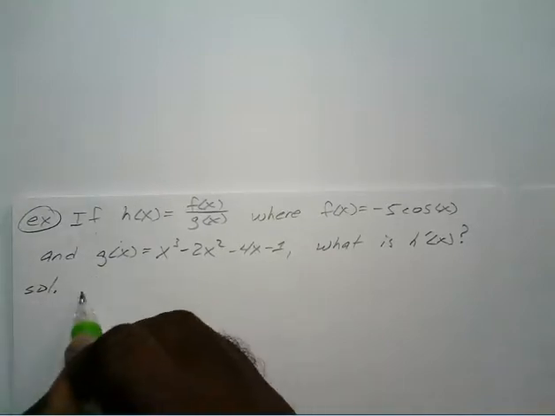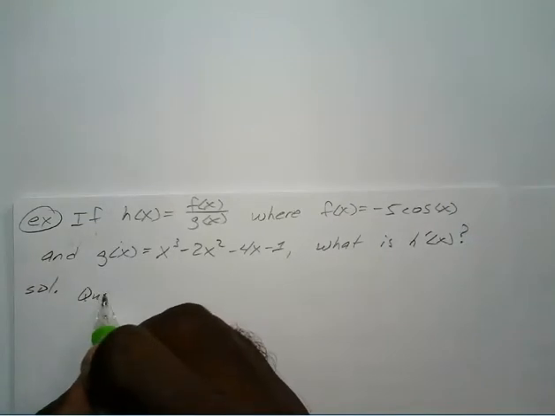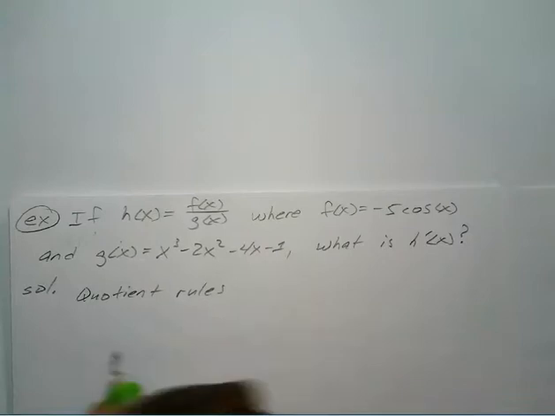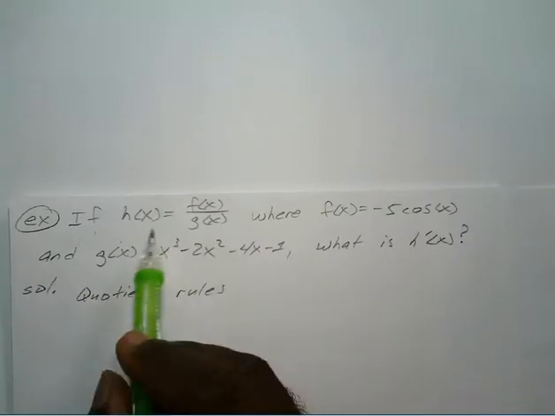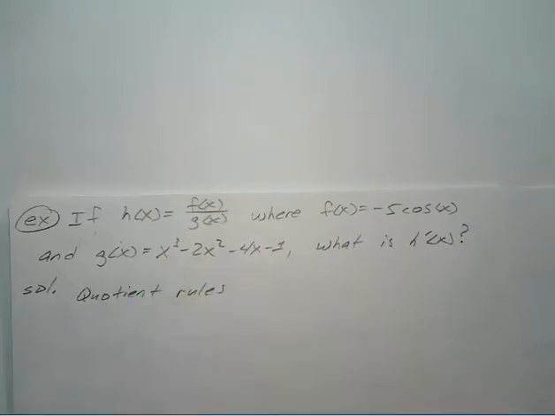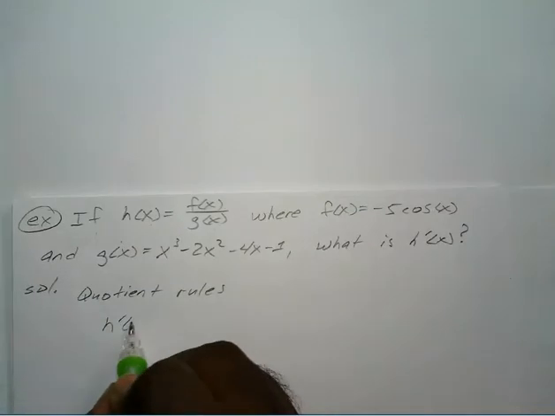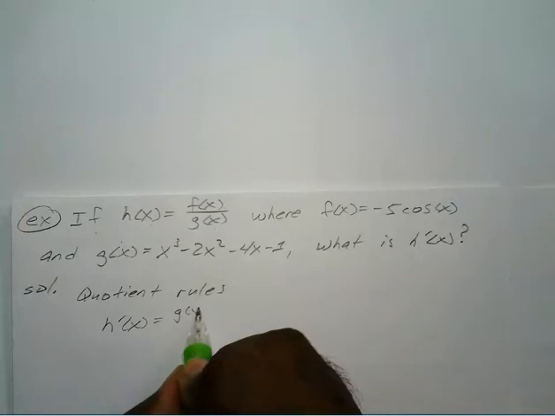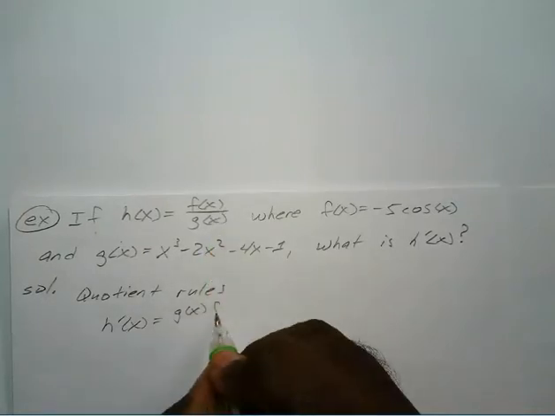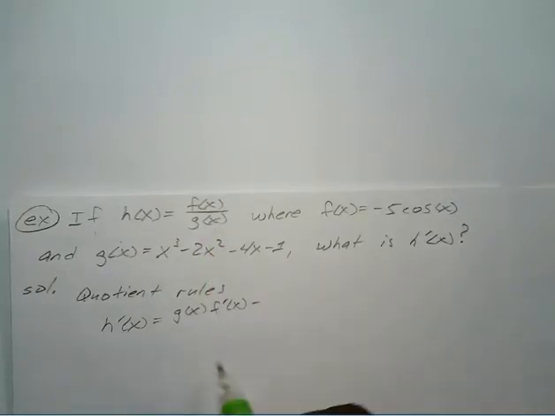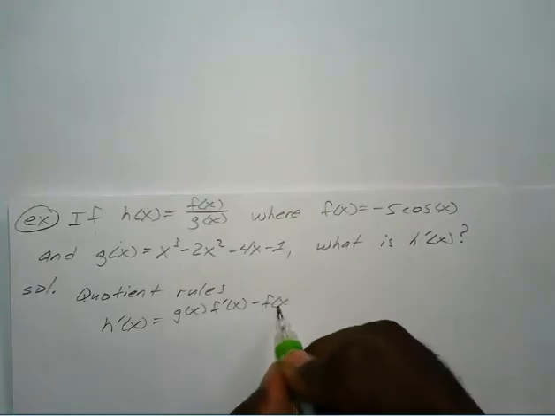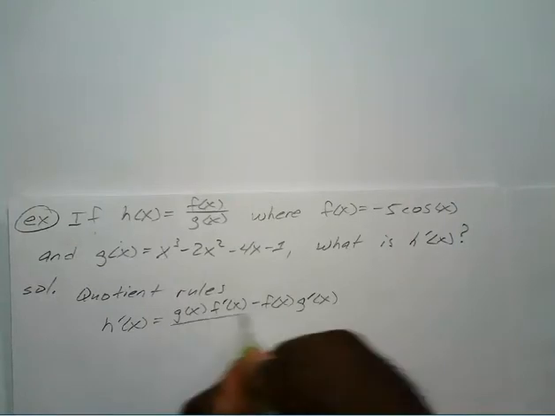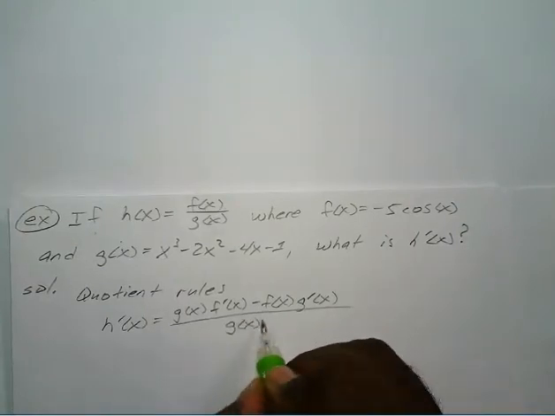Alright, so we know our quotient rule for derivatives looks like this. So if h of x is f of x over g of x, then h prime of x is equal to the denominator times the derivative of the numerator minus the numerator times the derivative of the denominator all over the denominator squared.